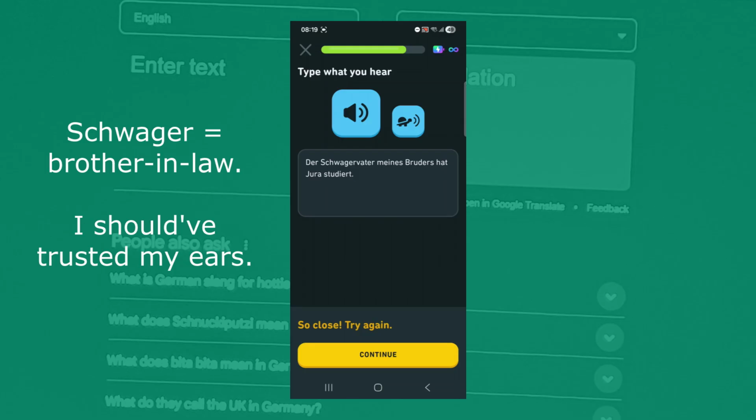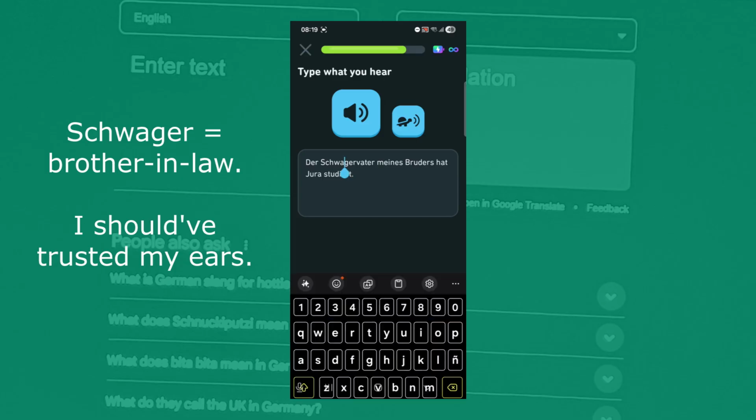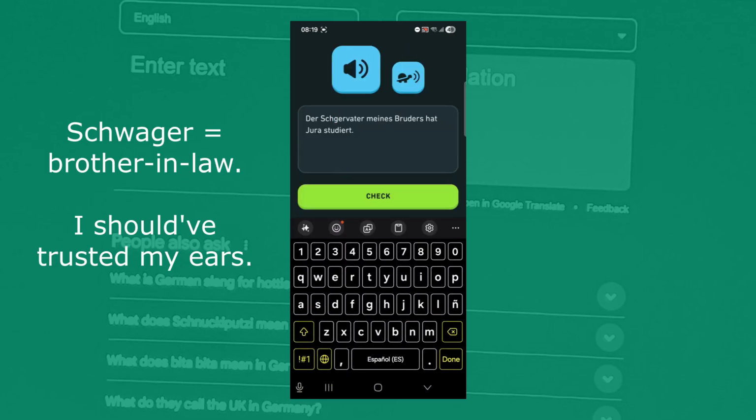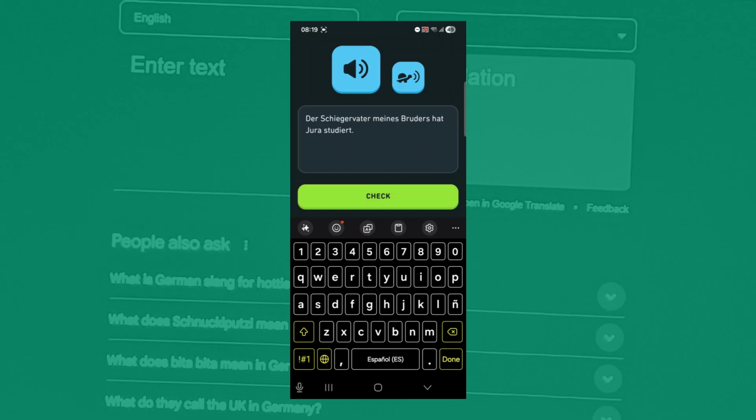Oh, it was what I thought to start with, because that's what it sounded like. So did I write that other one down incorrectly? Der Schwiegervater.